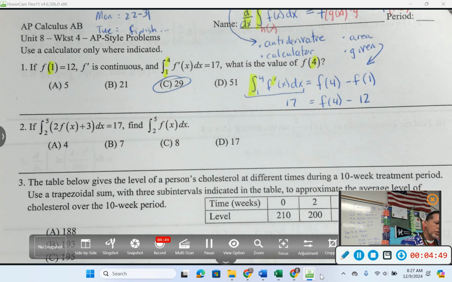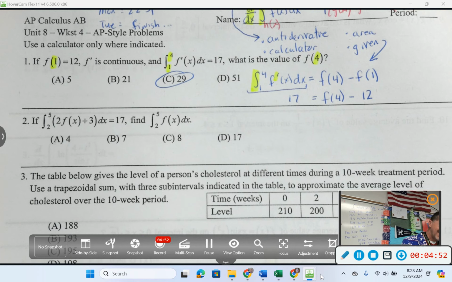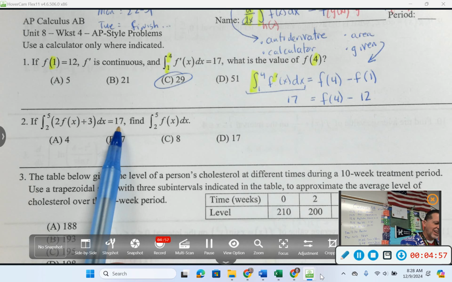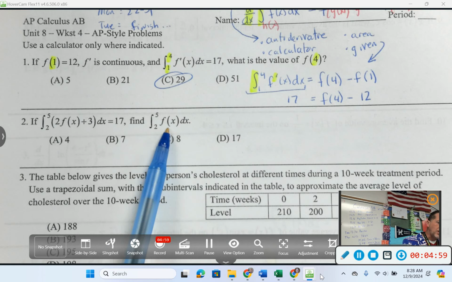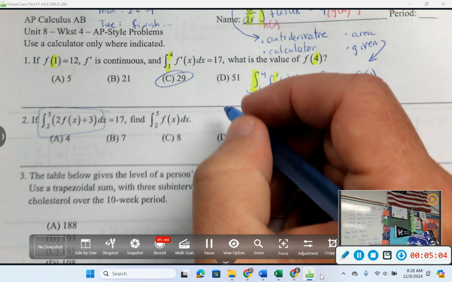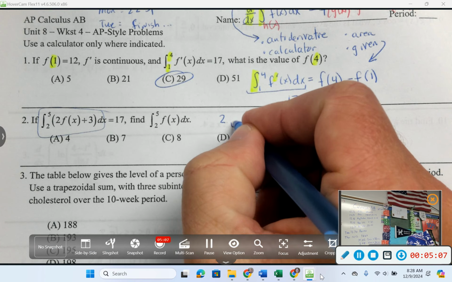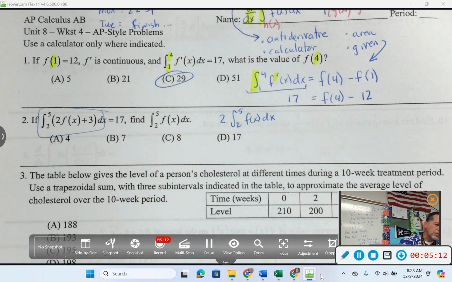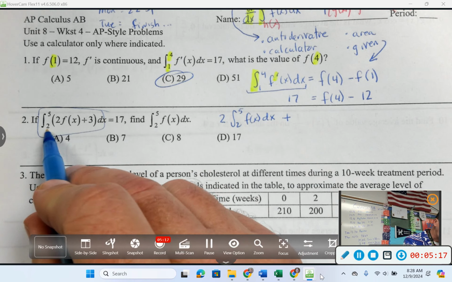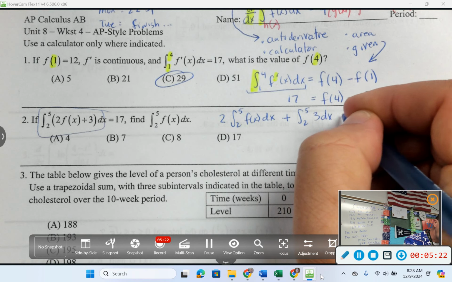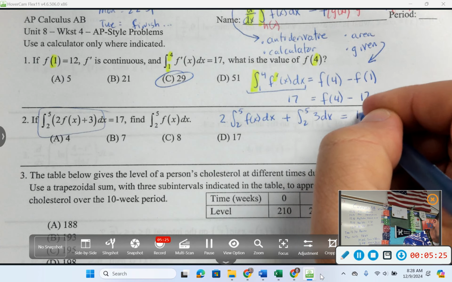I wonder if we should do number 2. So that thing is equal to 17. We want to find what this little piece of it is. Let's break this thing up a little bit here. So 2 times the integral from 2 to 5 of f of x dx, that's what we're looking for, plus the integral of 3, and all of that is equal to 17.